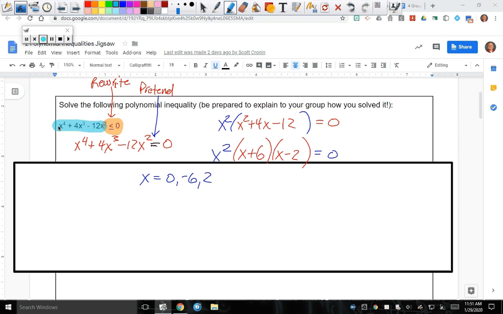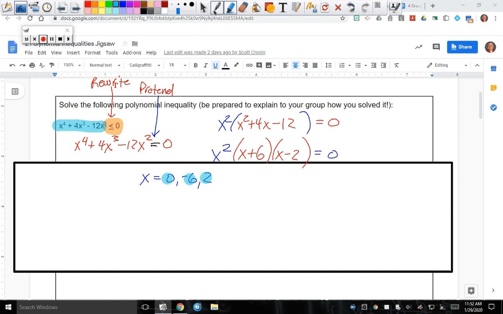When is it equal to 0? We already have 3 of those answers. But we got to find when it's less than. Otherwise, when is it negative? You with me? So read that less than or equal to, just like when is it equal to or negative?